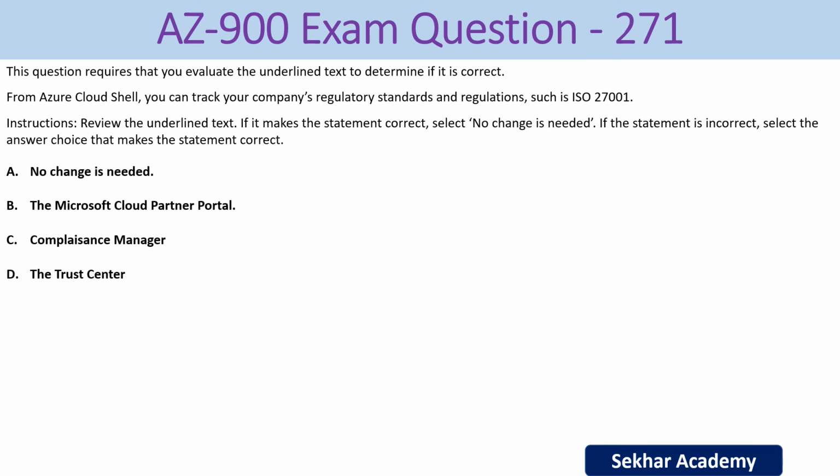Question number 271. From Azure Cloud Shell, you can track your company's regulatory standards and regulations such as ISO 27001. The options we have: no changes needed, the Microsoft Cloud Portal, Compliance Manager, and the Trust Center. The right option is here, Compliance Manager.